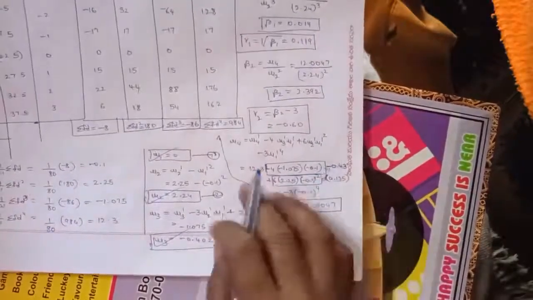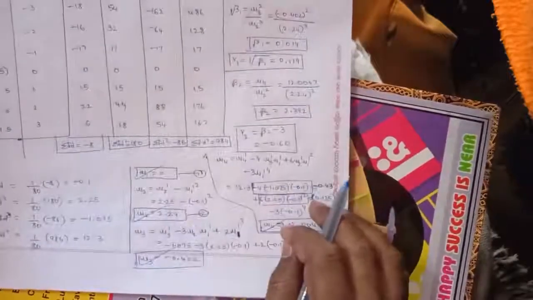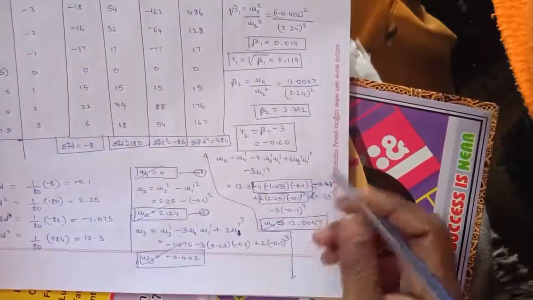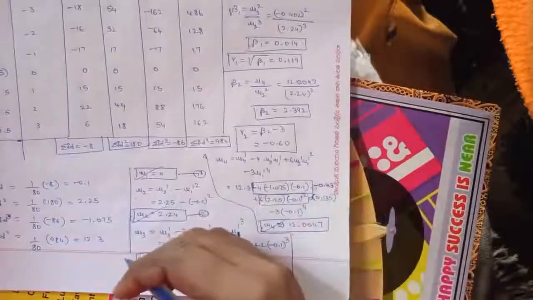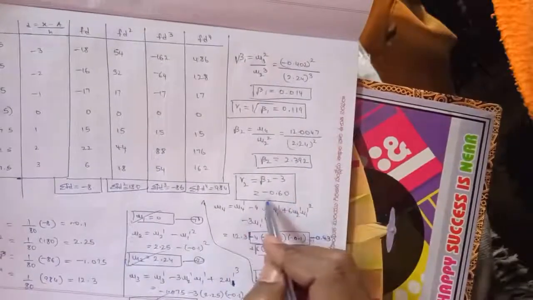Just be careful in this type of calculation, as we have more minus symbols as well as plus symbols. Sometimes the calculator might show a larger value, as we have seen now. So just try to cross check if you get any value more than 100 or 200. Beta 1 is 0.014, gamma 1 is 0.119, beta 2 is 2.392, and gamma 2 is minus 0.6. So this is the actual process to find the beta and gamma as well as the 4 moments.